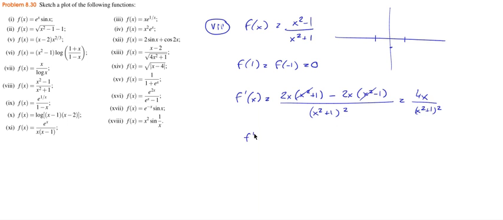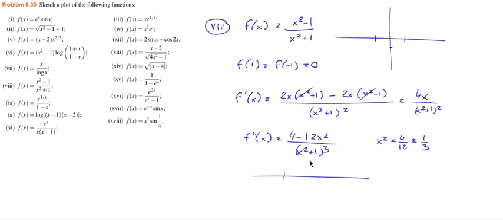If you compute the second derivative, you will see that it is (4 minus 12x squared) divided by (x squared plus 1) cubed. So for the sign of the second derivative, the roots of this are x squared equals 4 divided by 12, so 1/3. So this is minus 1 divided by the square root of 3, and 1 divided by the square root of 3.